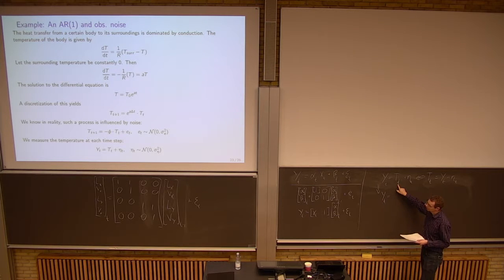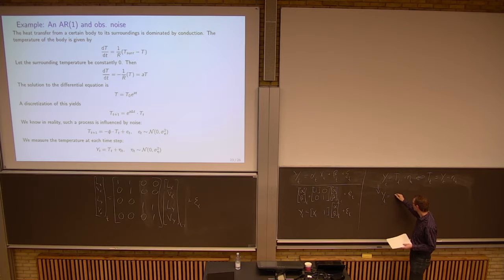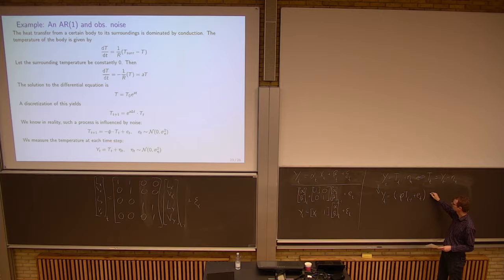That's fine. We can also use the other equation that we have and say that yt is equal to, well, Tt. We have an equation for what that is up there. So that is minus phi T t minus 1 plus et. So that's that term up there plus eta t. And now to get rid of this uppercase T, T minus 1, we just use this up here and shift that time, one time lag.